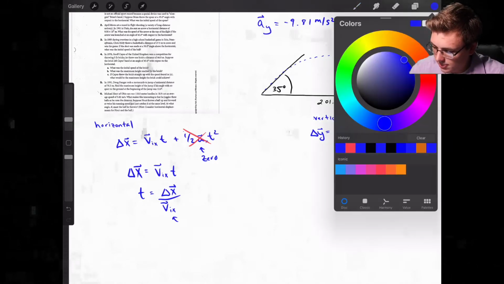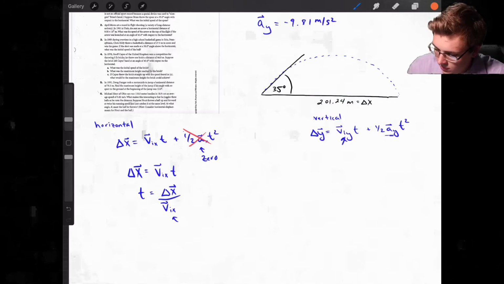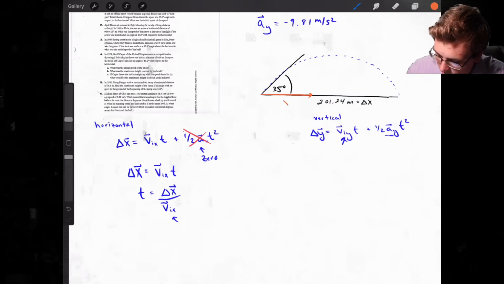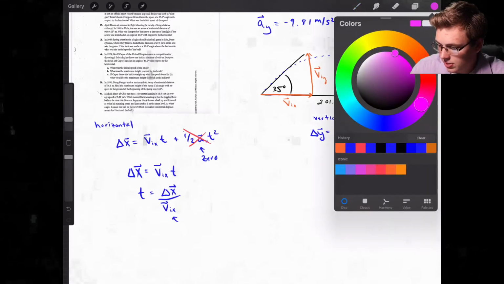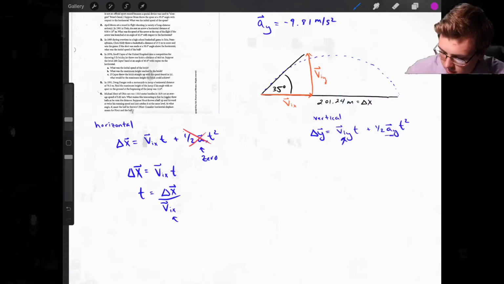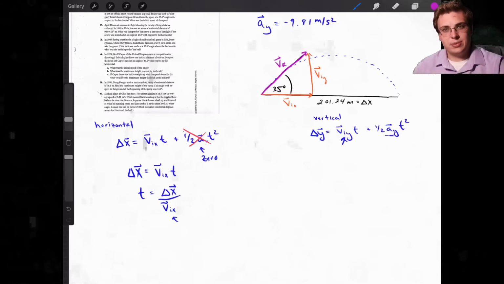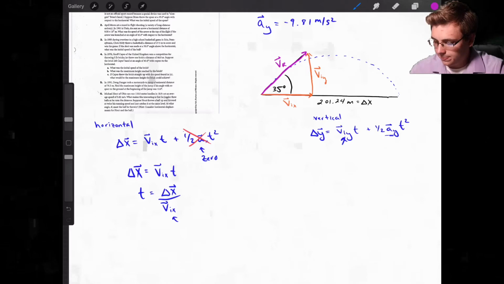I'm going to come up to the top. In our x direction, this would be our v_ix. Our y direction is upward, this would be our v_iy, which gives us a resultant vector. I'm going to call it v_R, but you can just put v either way.